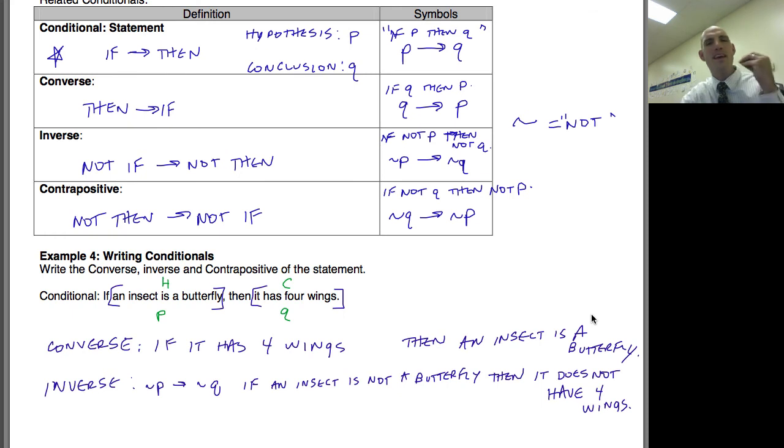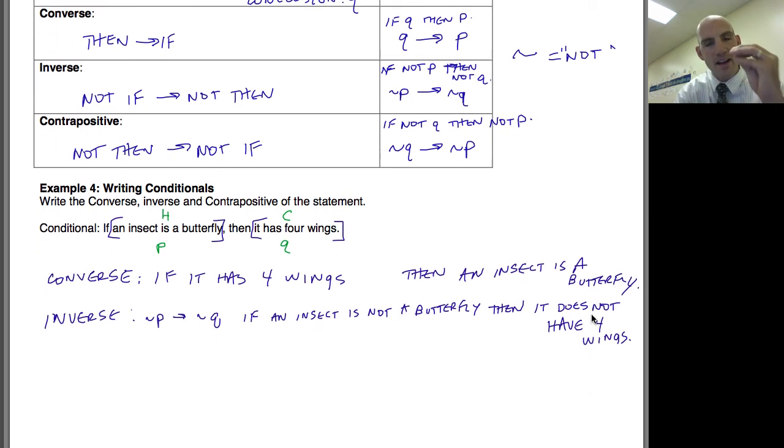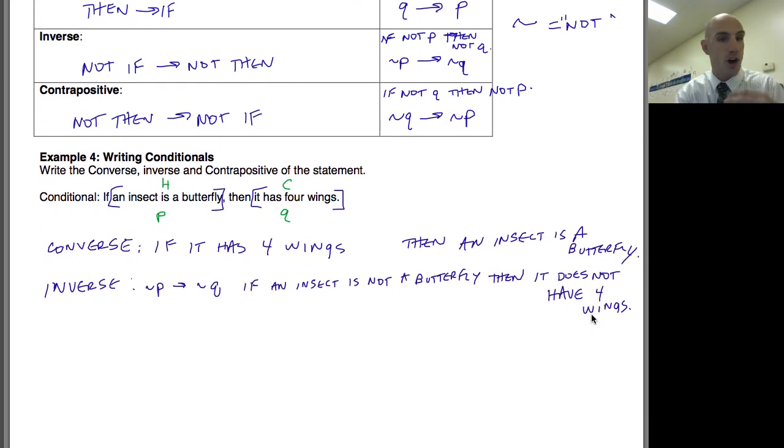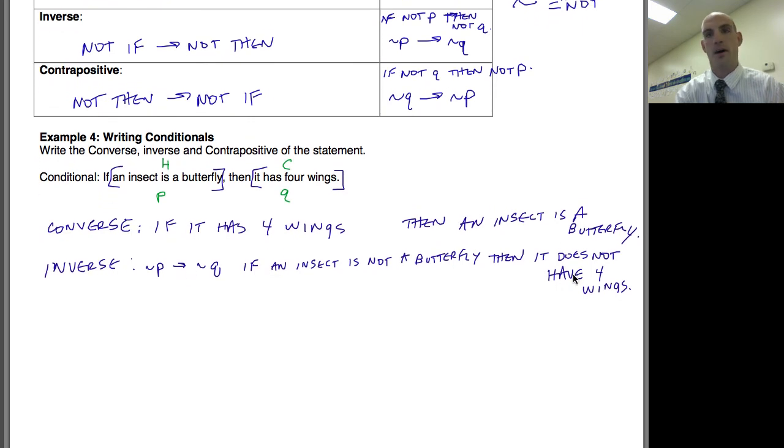And so that simply making it a negation makes it the inverse. That's all it is. Now, it may not be true, but it's the inverse.